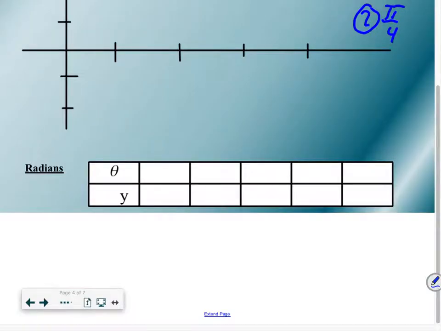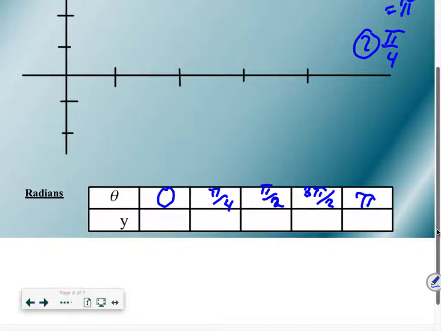Does pi over 4 go right here? No, look what's here. 0. So I've got 0, pi over 4. What next? Times 2, which is pi over 2. Good. Next, 3 pi over 2. And last, pi. Yes. Good job.